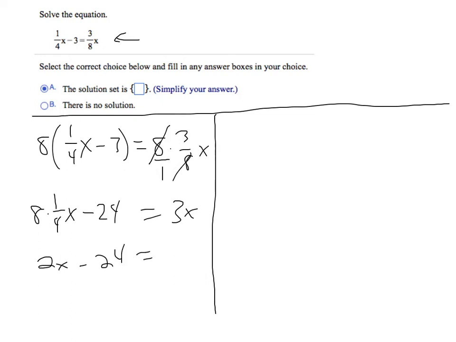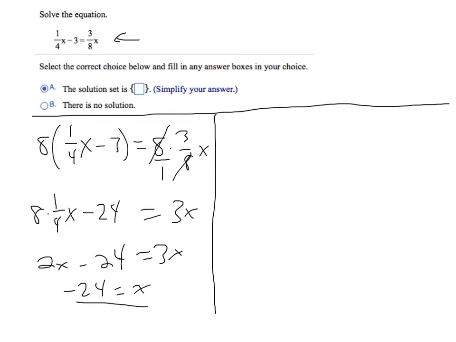So after multiplying both sides by 8, I've eliminated the fractions, and I have an equation that's just 2x minus 24 equals 3x, which is much easier to work with. In fact, if you subtract 2x from both sides, you'll see that negative 24 equals x. So that is the solution to the equation.